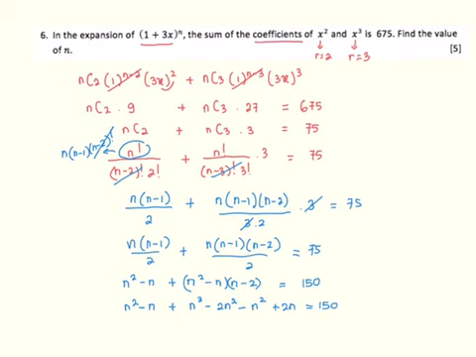I arrange one more time. n cubed minus 2n squared plus n minus 150 is equal to 0.